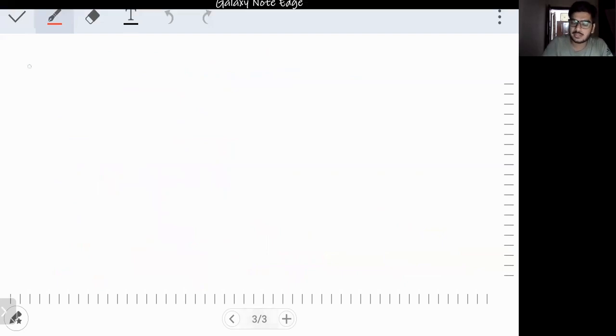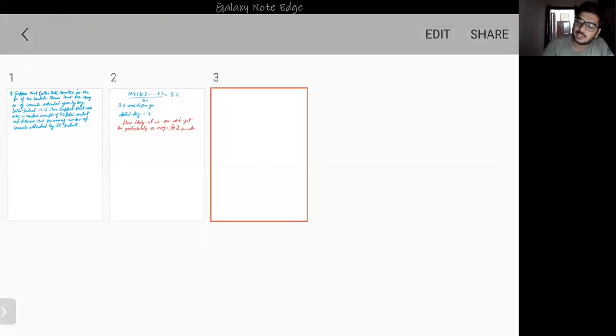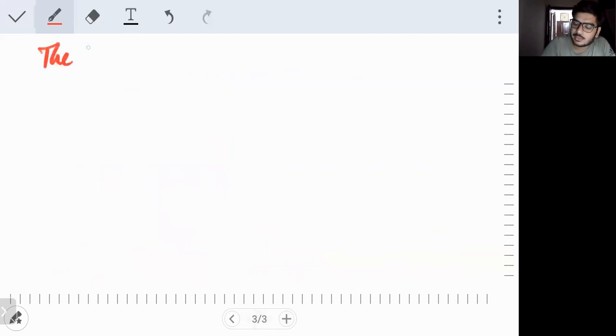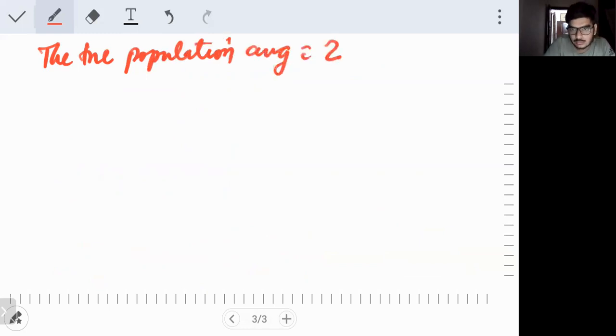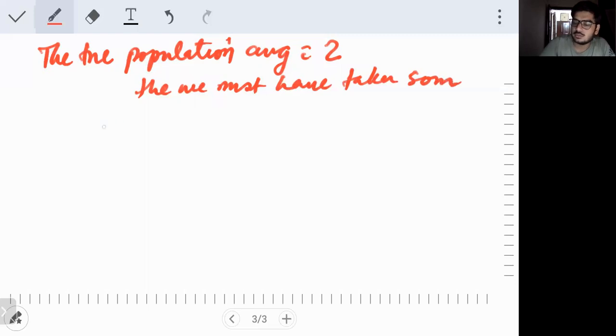So the first case: the true population average is 2, in which case we must have taken some unusual sample.